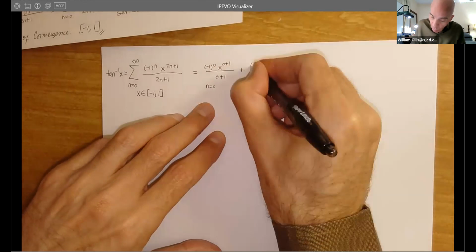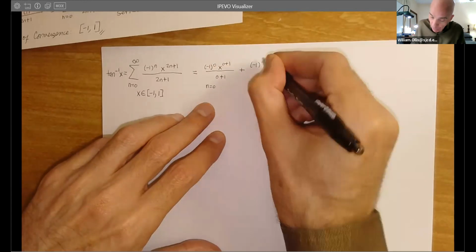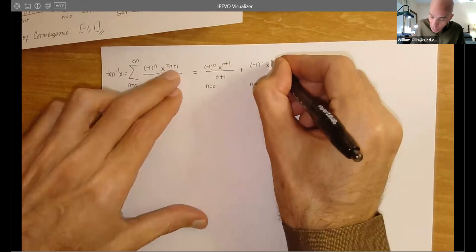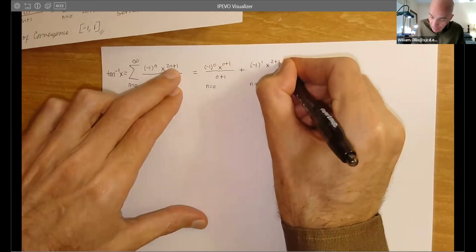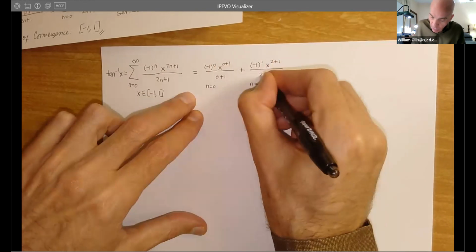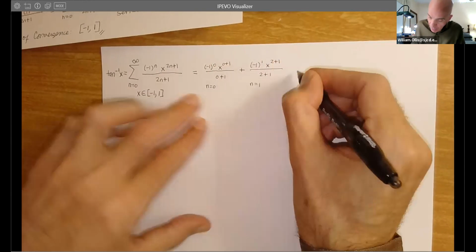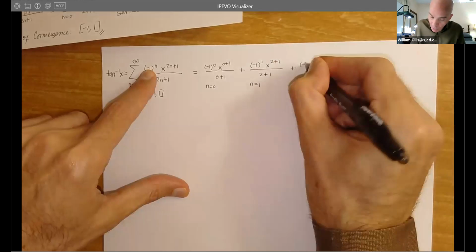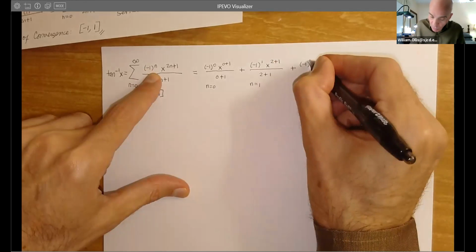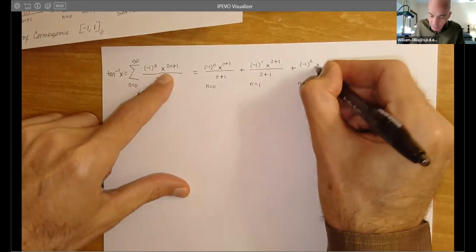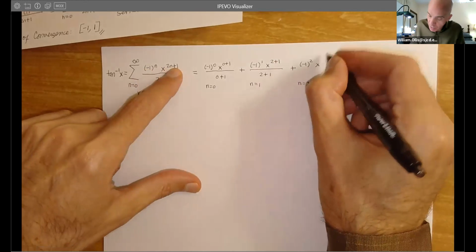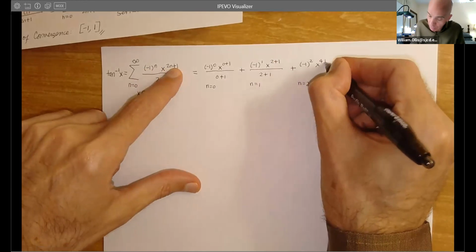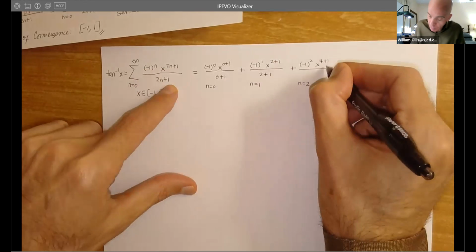So we have -1 to the first power, so x to the 2 plus 1 over 2 plus 1. And now n equals 2. So we have -1 to the 2, x to the 4 plus 1, and downstairs, 4 plus 1.